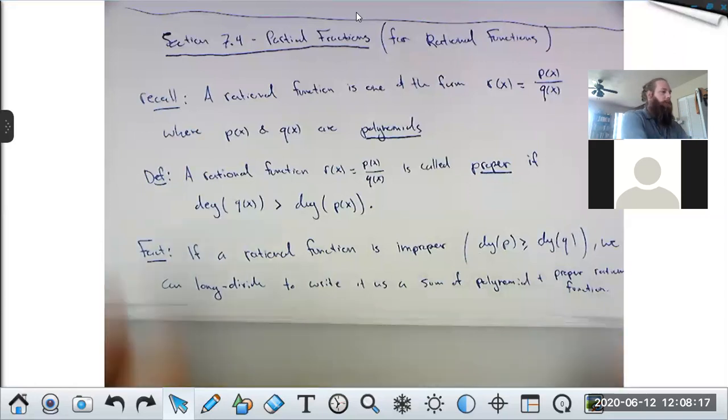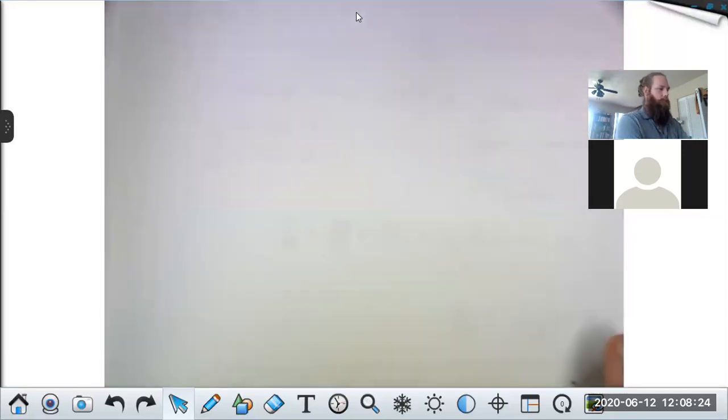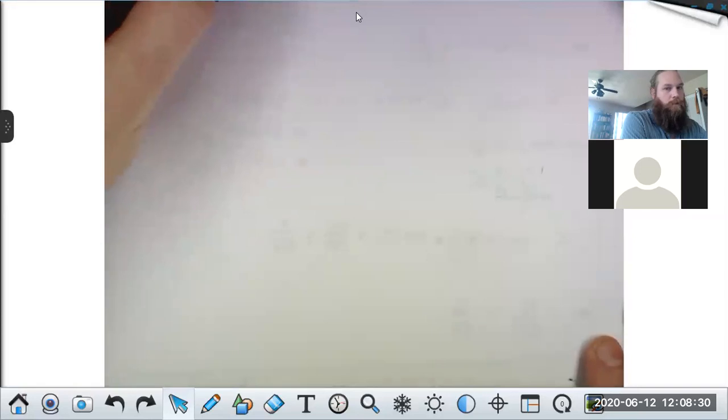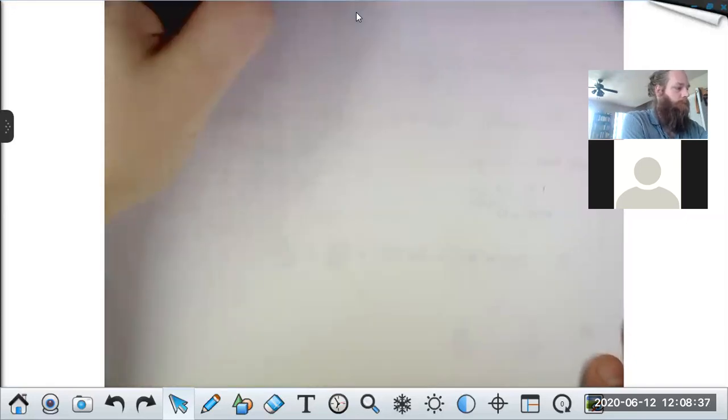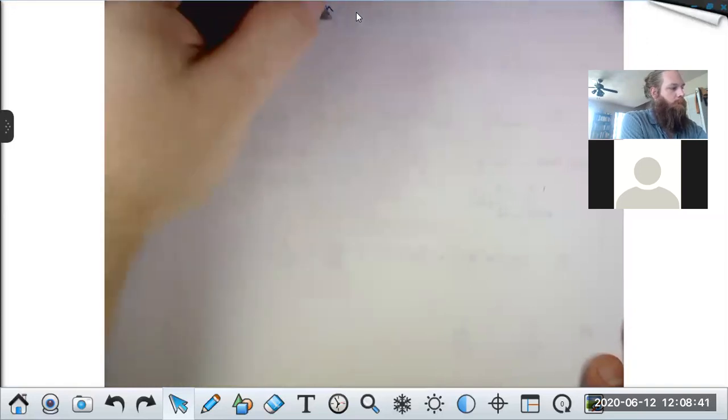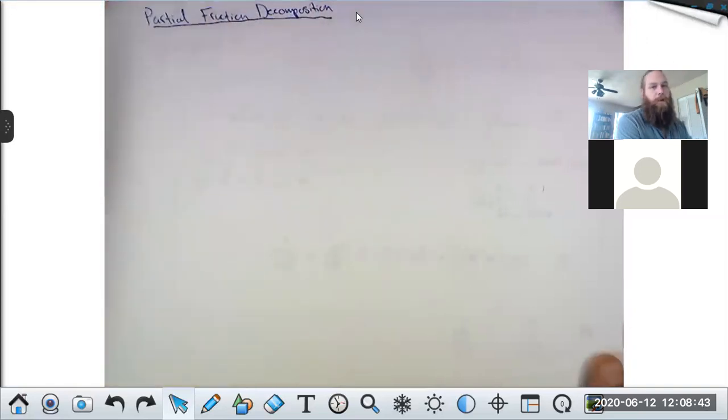So with that said, here's how you do partial fractions. It's a little bit complicated. If you look on the Wikipedia page, the full rule is terrifying, right?